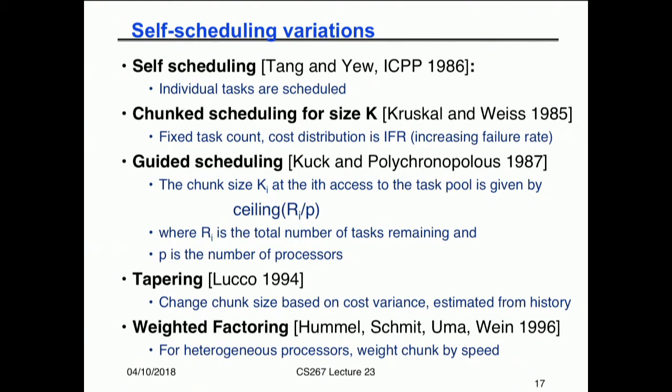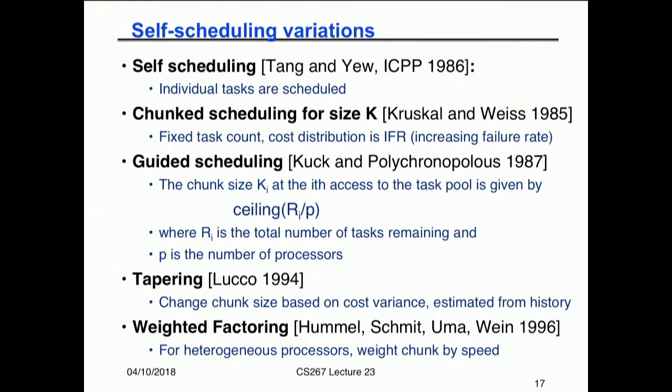But as you get closer to the end of the execution, you always look at how many tasks you have remaining and divide those up evenly, rather than every processor always taking 1 million chunks of work. And that tends to work well, because even if the tasks are being created dynamically, eventually you'll get to the point where you have an even load balance at the end.